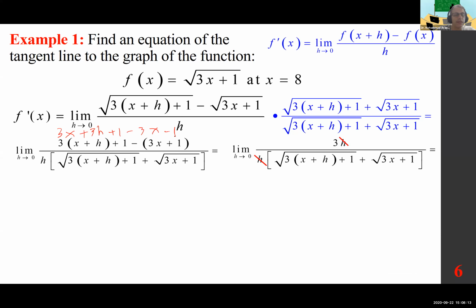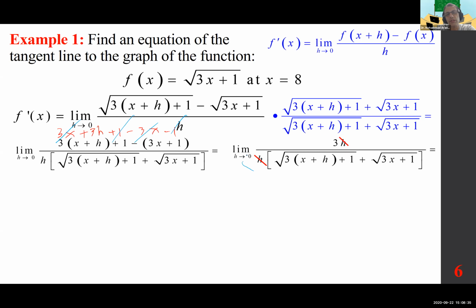I hope you see that. Everything cancels out. 3x, negative 3x, positive 1, negative 1. And you factor out the h, and when you factor out the h and you drop it, you're practically done.